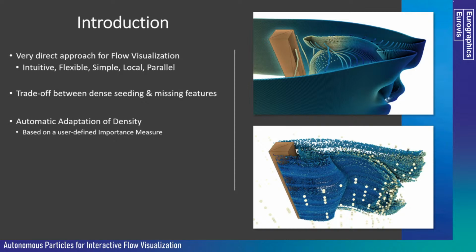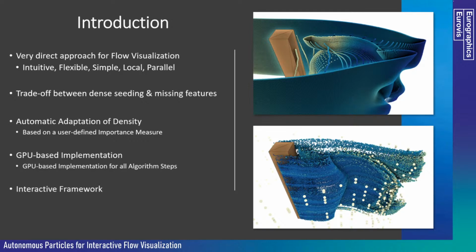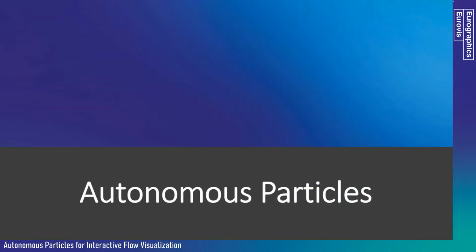Of course, our ideal system should come with a GPU-based implementation, and ideally it would also be part of a whole interactive framework where properties of the algorithm can be changed and adapted to the underlying flow during runtime and in real time.